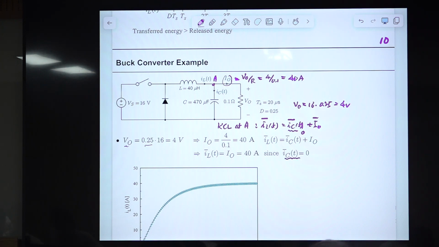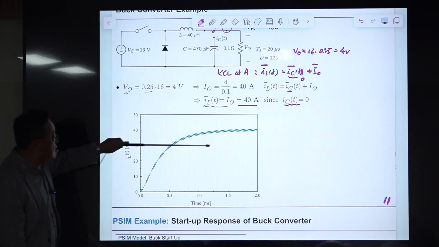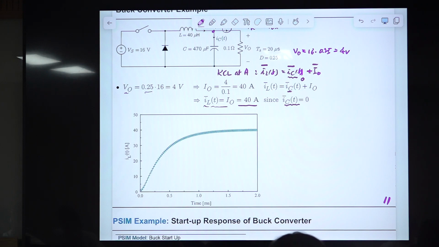Because of that, we have this behavior. This is the simulation waveform of the inductor current, and the final average value of this inductor current is going to be 40 amps. So you understand it.